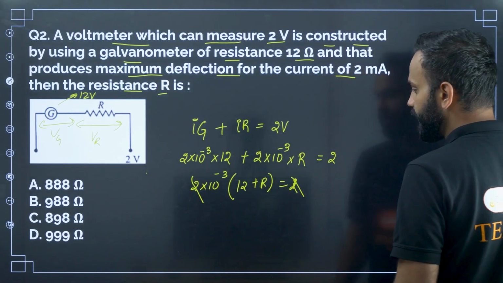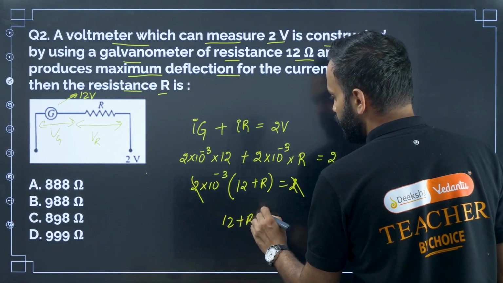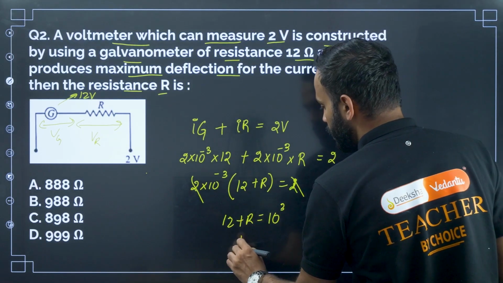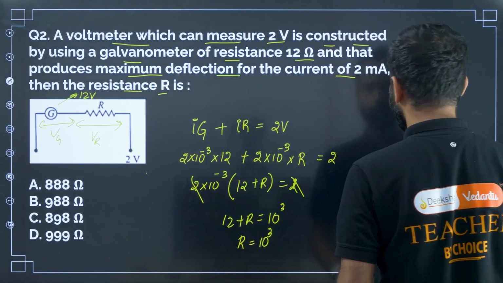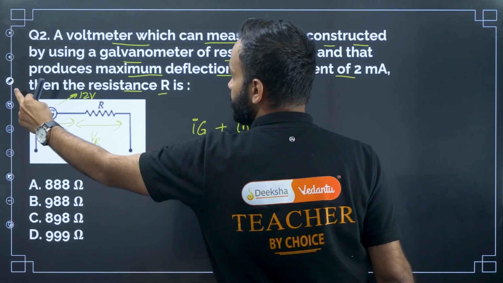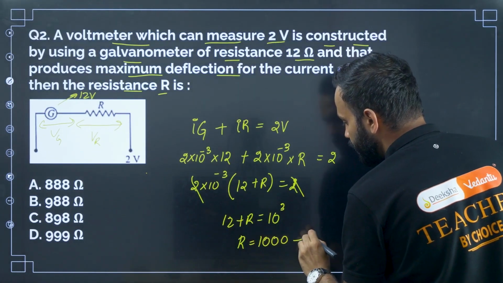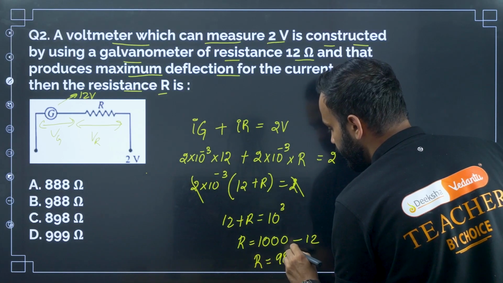Now 2 will get cancelled. Now 12 plus R is equal to 10 to the power 3, that is 1000. So R equals 1000 minus 12. So the value of R is equal to 988 ohm.